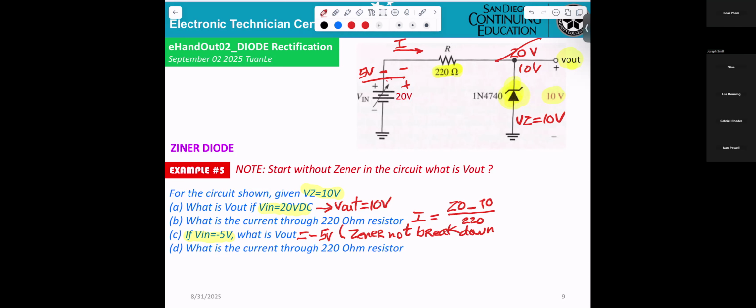Exactly. If no Zener, and they're telling you -5, so here will be -5.